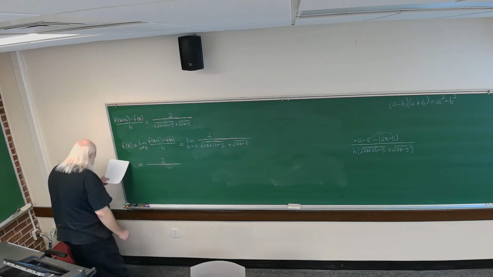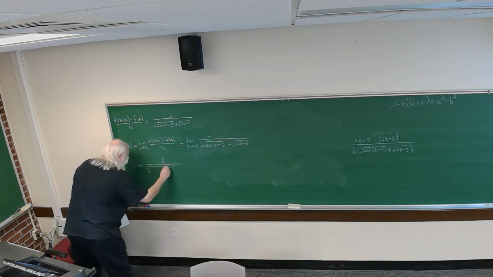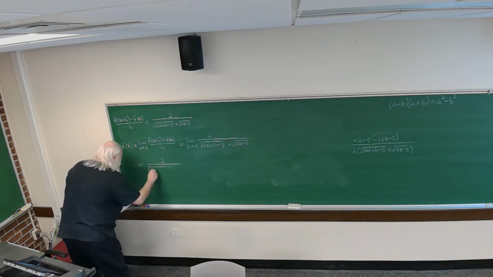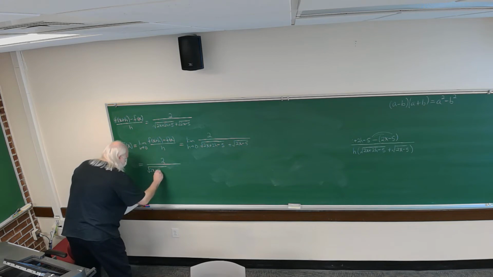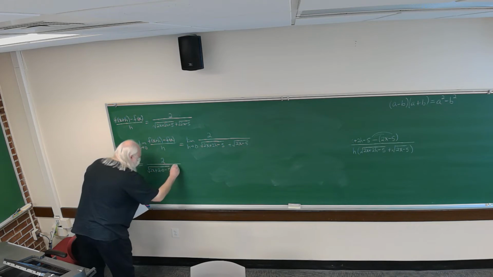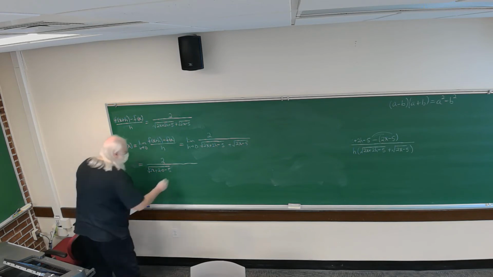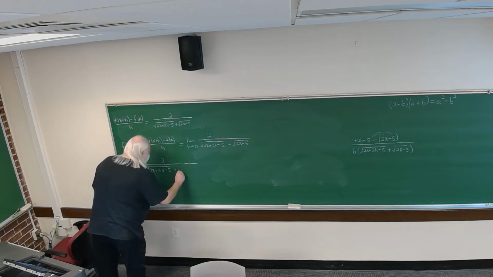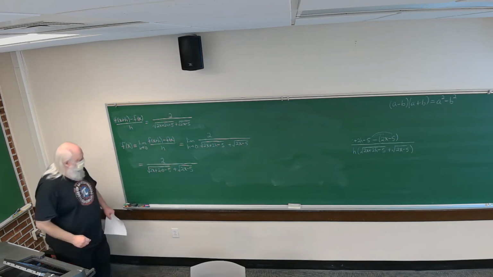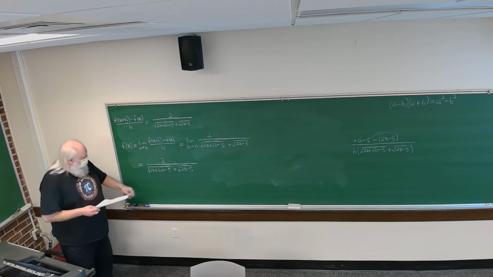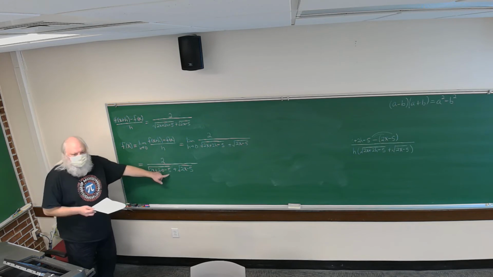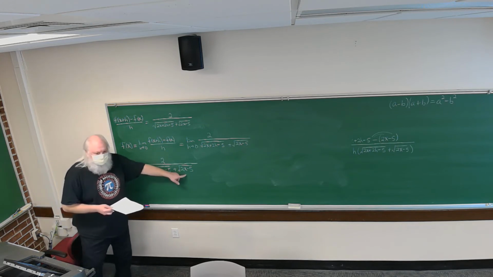So we have 2 over the square root of 2x plus 2 times 0 minus 5 plus the square root 2x minus 5. Well, 2 times 0 is 0, and we're just left with the square root of 2x minus 5 plus square root of 2x minus 5.